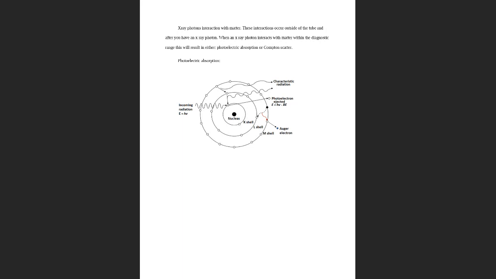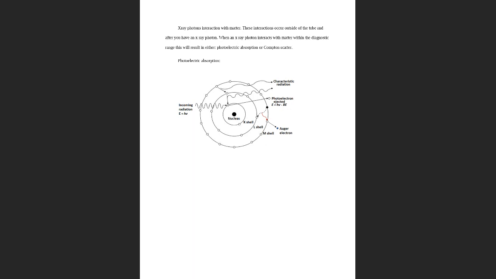So the first thing that we want to talk about is the interactions that are important to us within the diagnostic range. Within the diagnostic range, the two interactions that occur and that are important to us as far as dose and the creation of an image would be photoelectric absorption and Compton scatter.